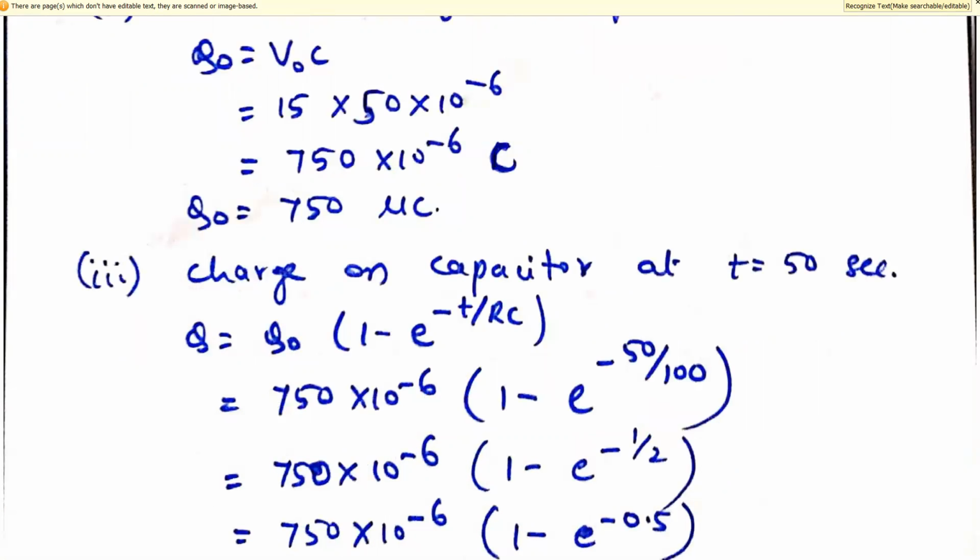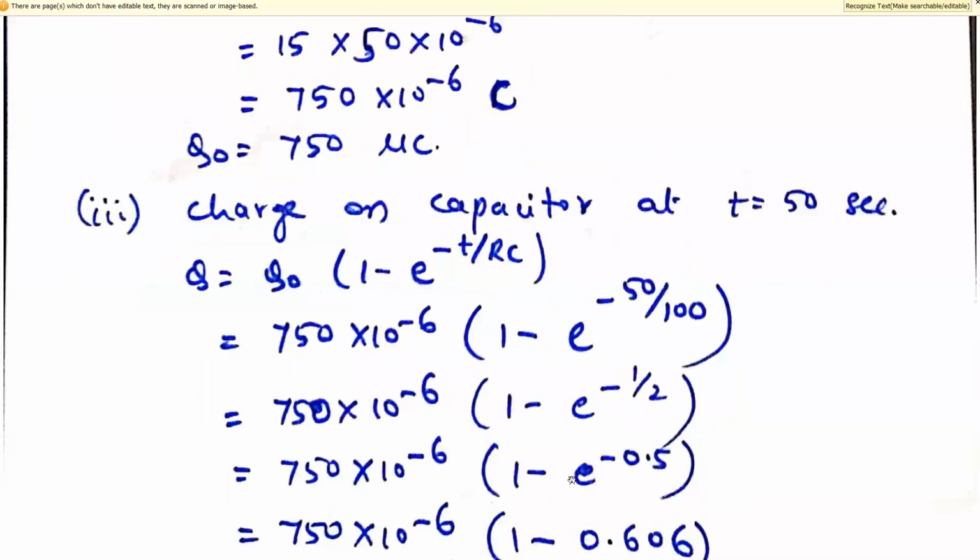So this will be 750 into 10 to the power minus 6 into 1 minus e to the power minus 0.5. Can you calculate this value? The value of e to the power minus 0.5 will be 0.606. Okay.